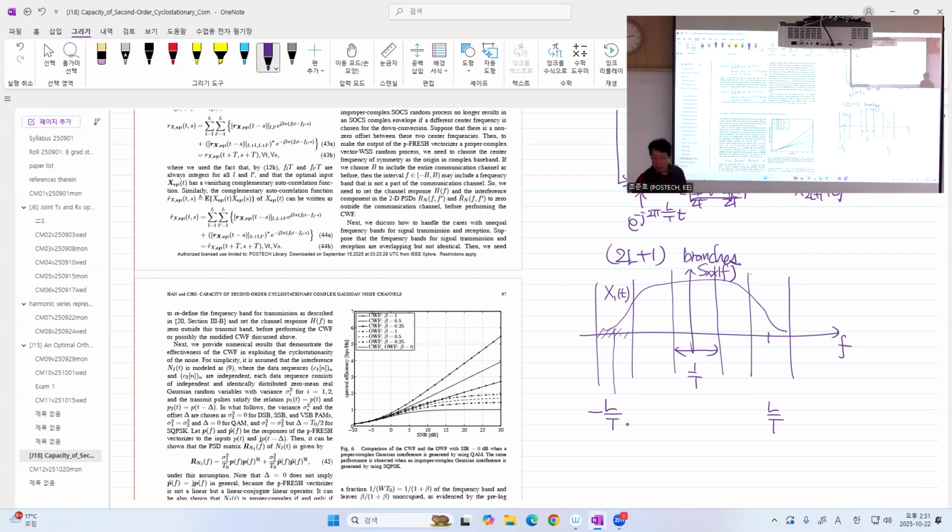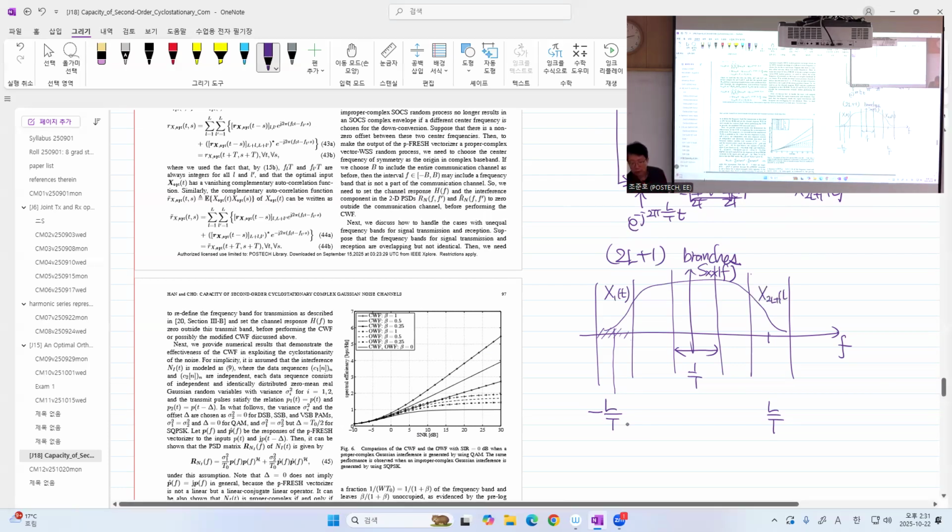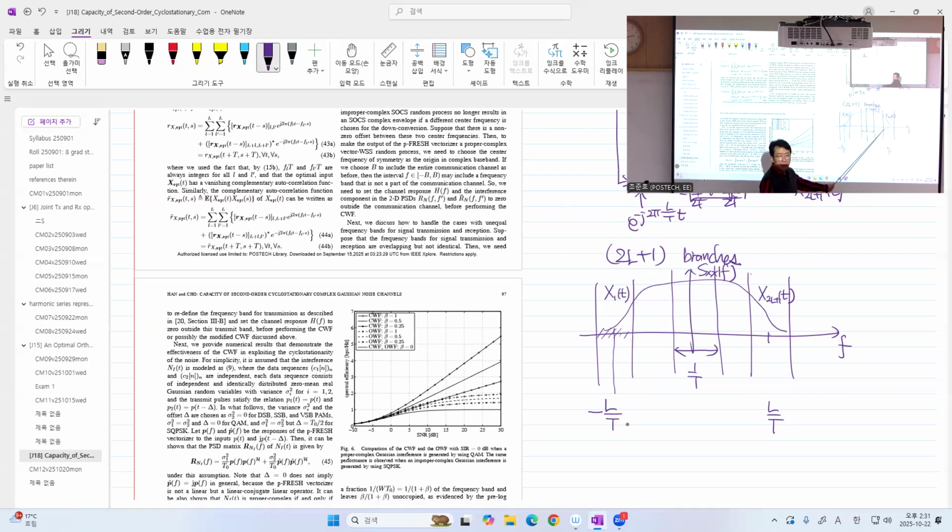And similarly, the last one: the part of x of t that corresponds to this last Nyquist band corresponds to the output of the last entry of the vectorized Fourier transform, because the last branch shifts all the signal components to the left by L over T hertz, and then applies the strict band limiting filter.